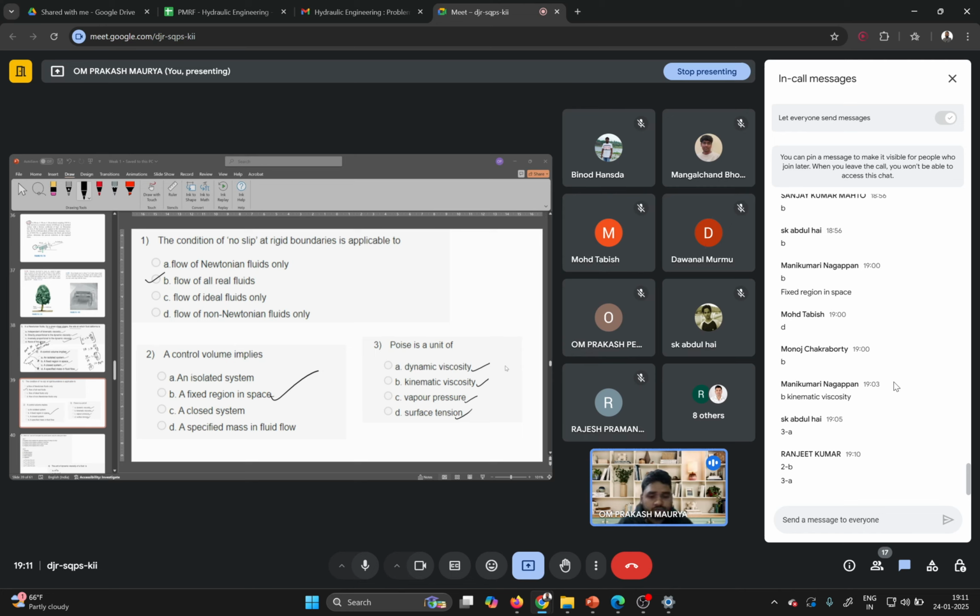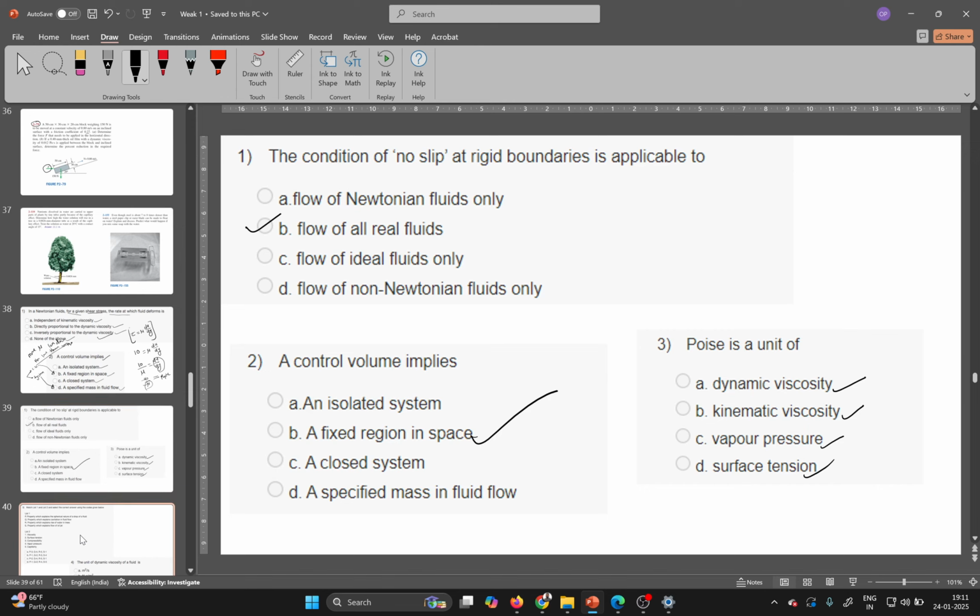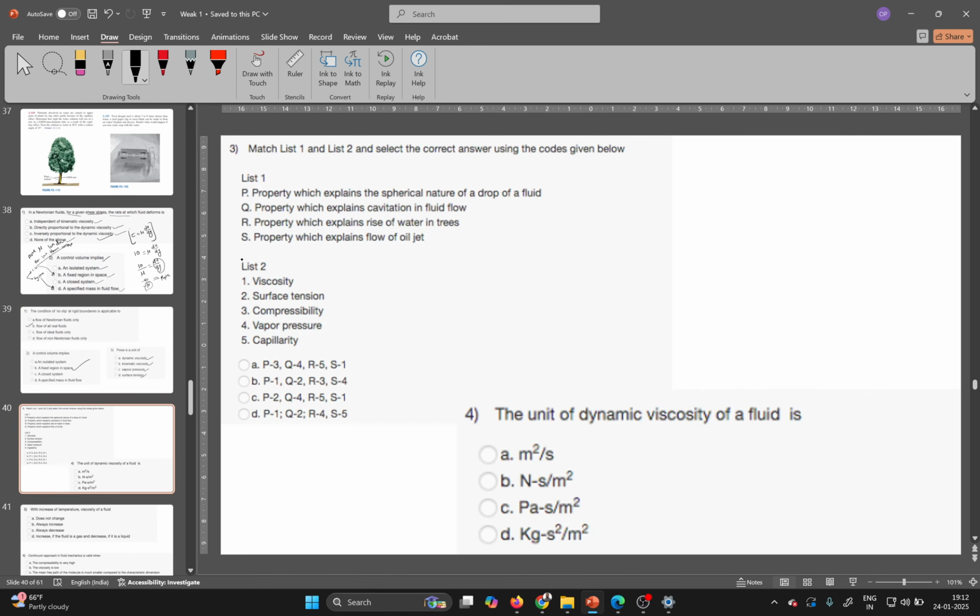Okay, now we'll move on to the next question. Match list 1 and list 2, and select the correct answer using the code given below. The code is PQRS, and here 1, 2, 3, 4. Question 4 we have already solved. So question 3, the property which explains the spherical nature of a drop of fluid.